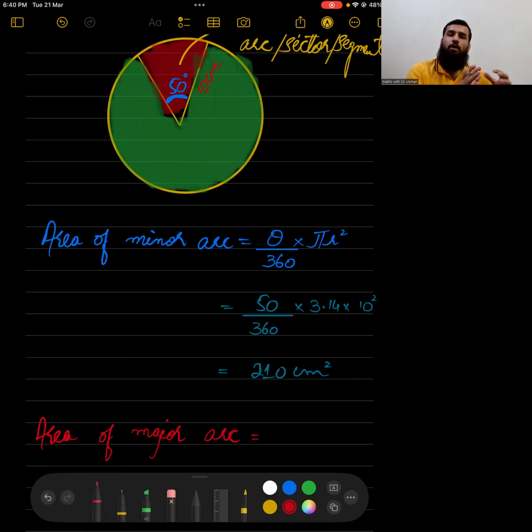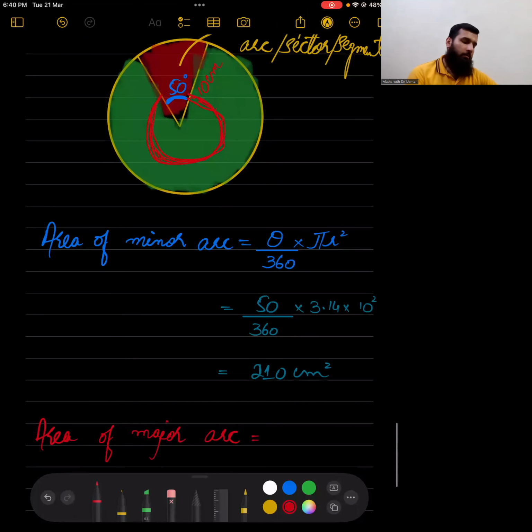What I am going to do here now is take up the angle for this particular region. The larger angle would be figured out. So I'll find out the larger angle right from here. And that is going to be figured out by 360 minus the top angle, which is 50 degrees.